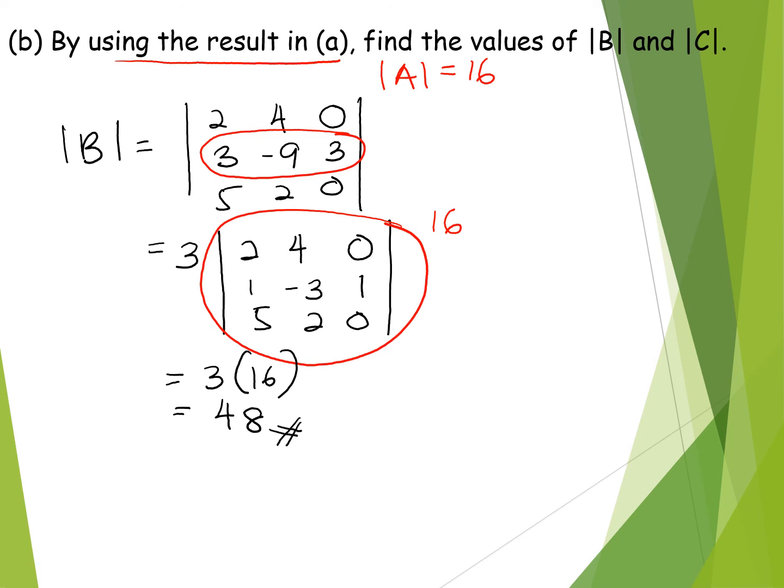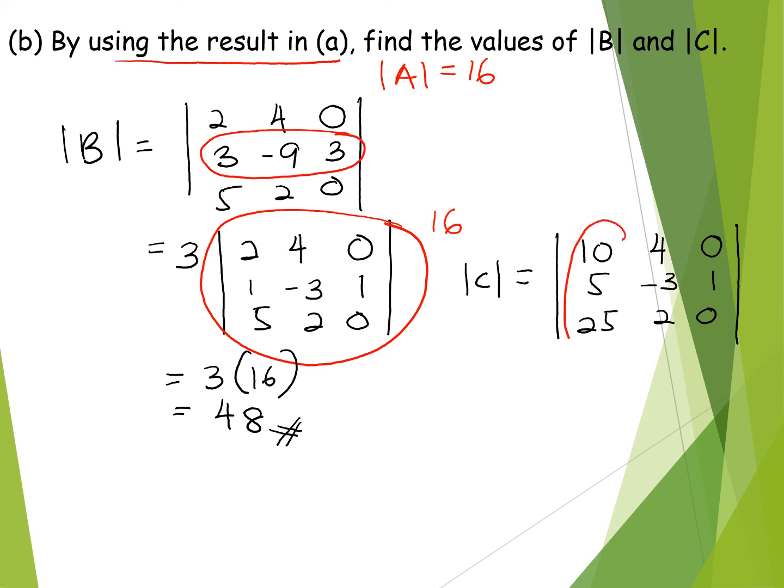Okay, for determinant C. Determinant C is the determinant of 10, 4, 0, 5, -3, 1, 25, 2, 0. Look at the first column. 5 is the common factor for the elements in the first column. So we can take out 5 times the determinant.